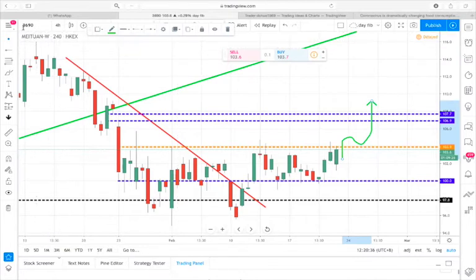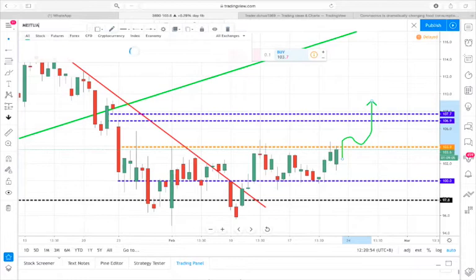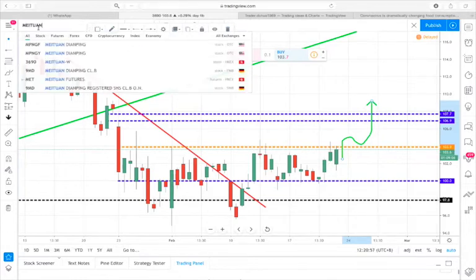The stock code is 3690, Meituan-W. For those who are not able to buy in Hong Kong or China stocks per se, let me do a quick check. This is also available in the US market.